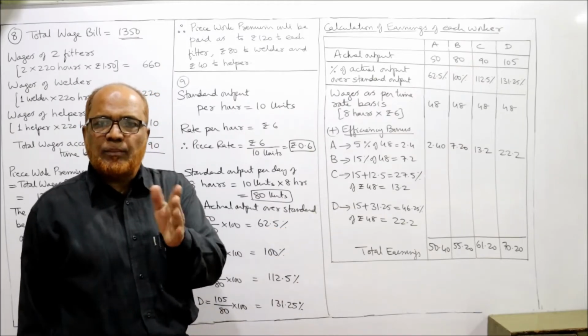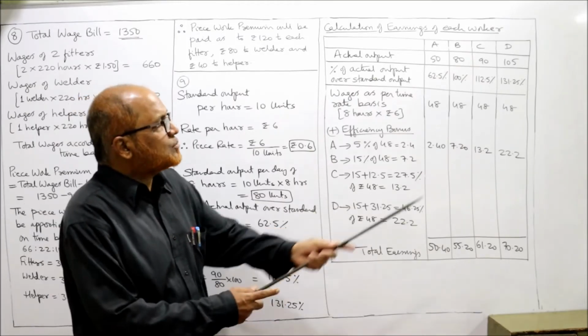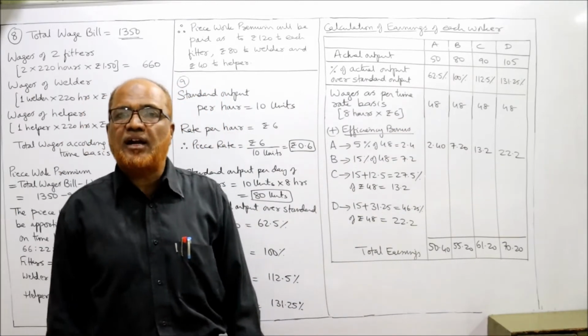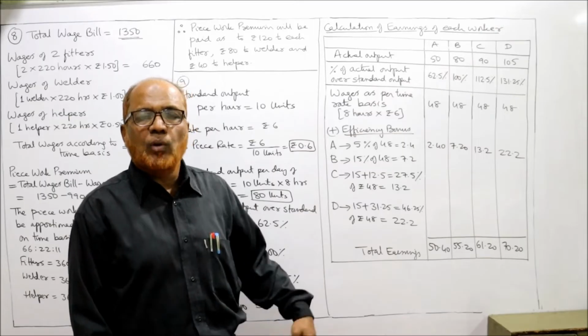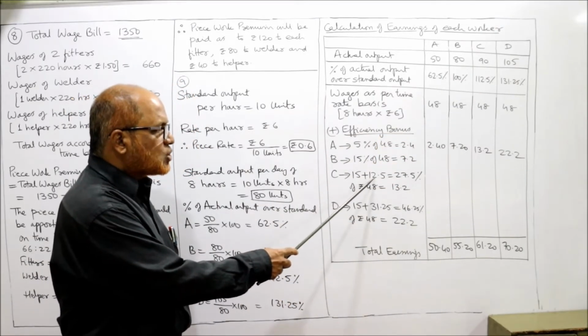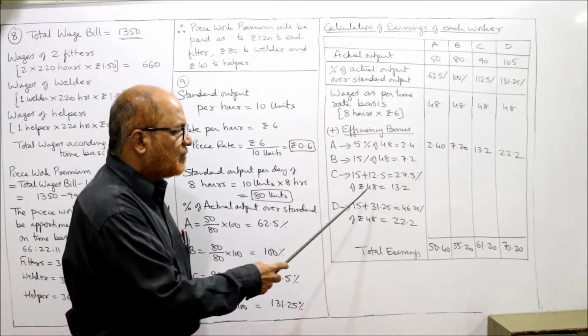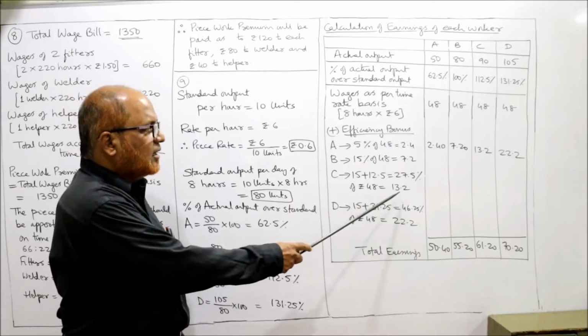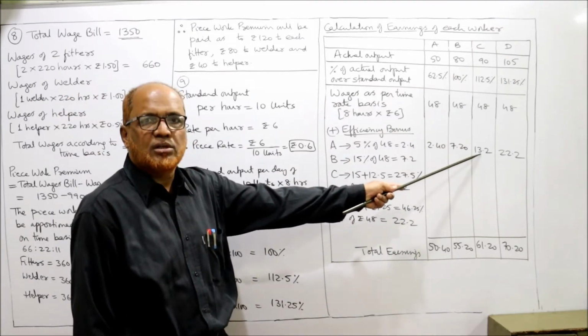Up to 100%, the bonus is 15%. But he has produced 112.5. So how much is the excess over 100? 12.5. So we add 15 plus 12.5, 27.5% of 48. 13.2 is the bonus.